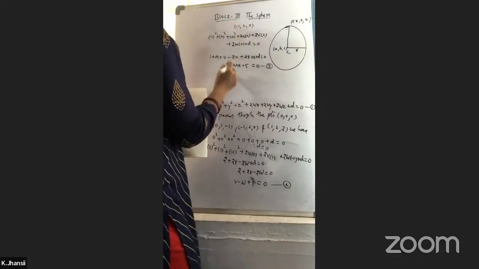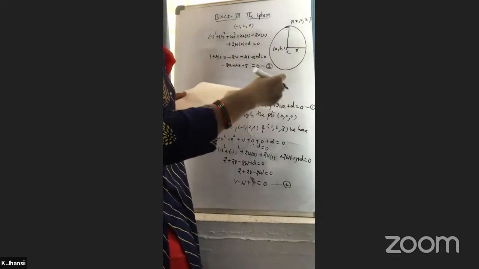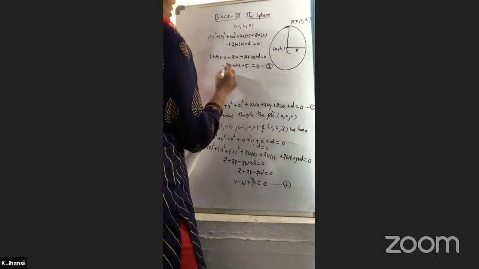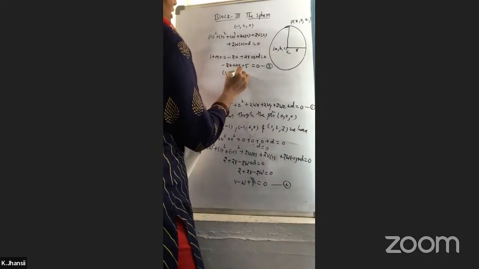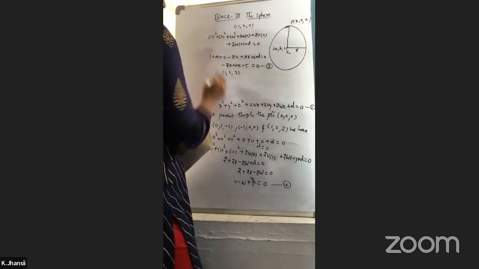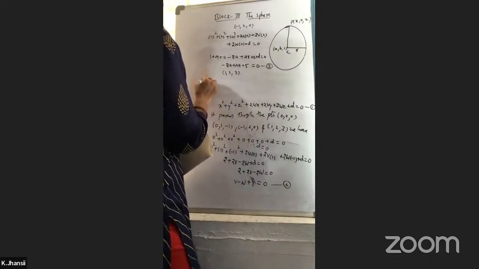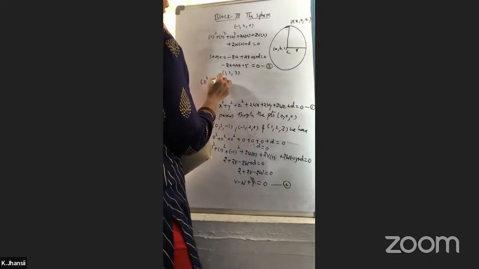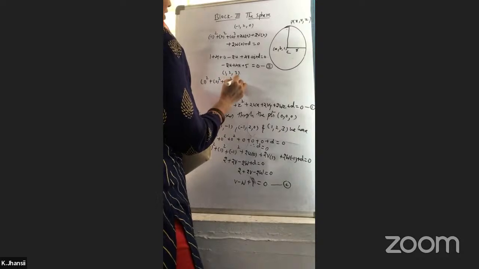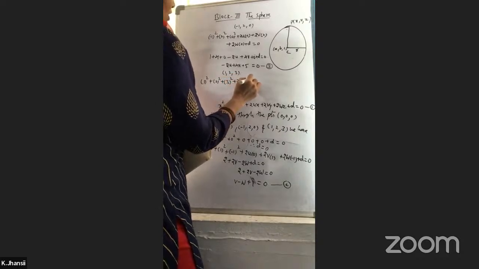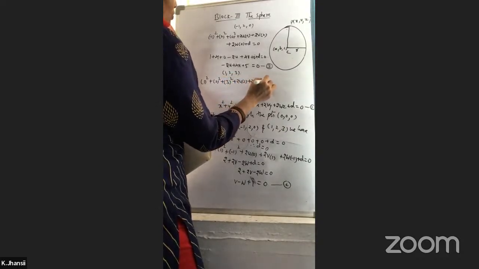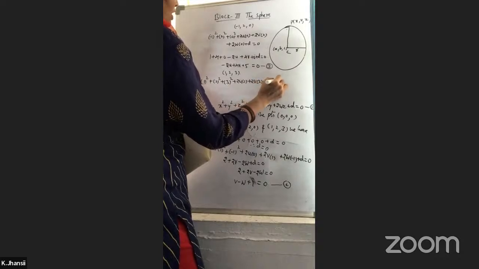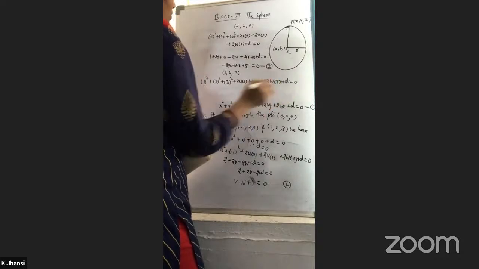Okay. Now when it is passing through, last point is what? 1 comma 2 comma 3. So 1 comma 2 comma 3. So when you substitute in equation 1, it is 1 square plus 2 square plus 3 square plus 2u into 1 plus 2v into 2 plus 2w into 3 plus d equals to 0.